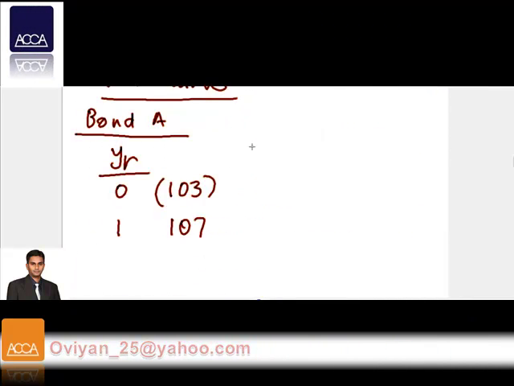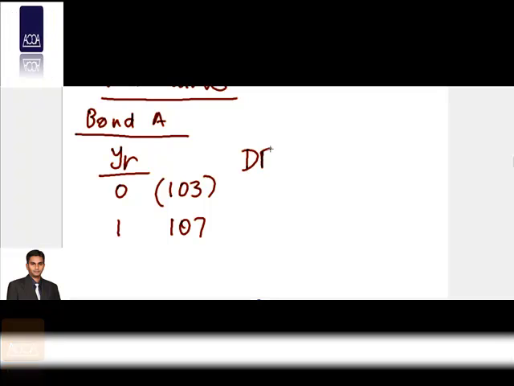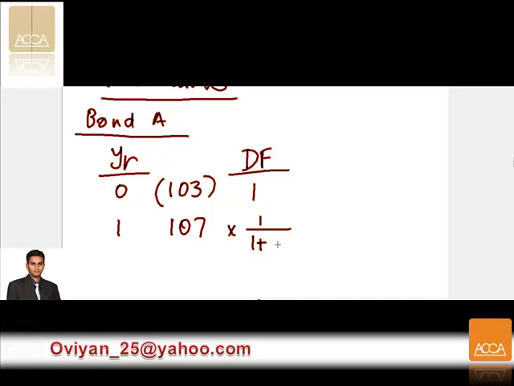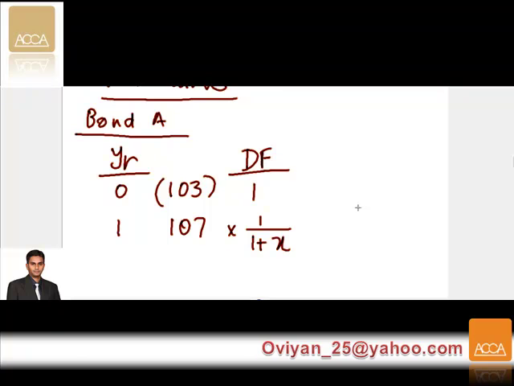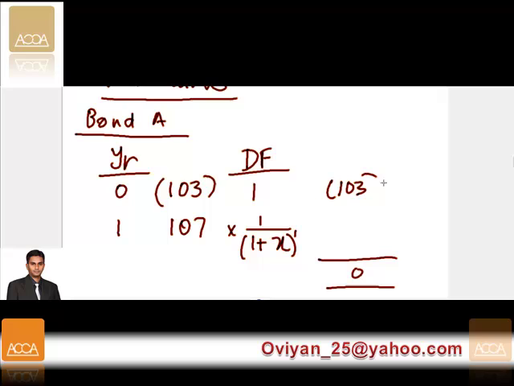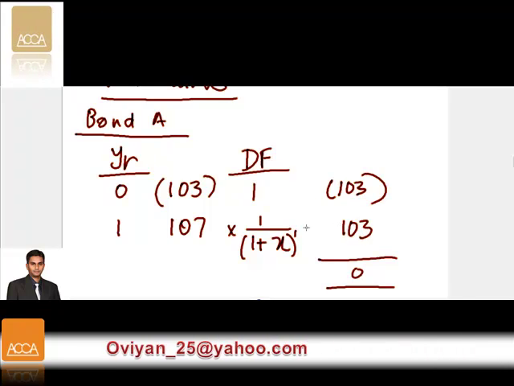And the only thing we don't know is your discounting factor or your yield curve. Okay, obviously this will be multiplied by 1 over 1 plus x, to the power of 1, and this has to be 103.